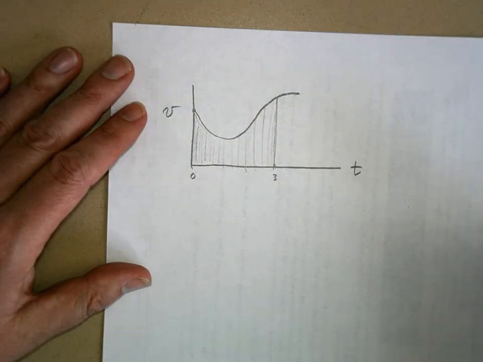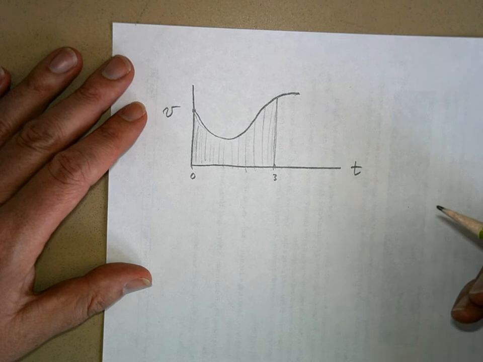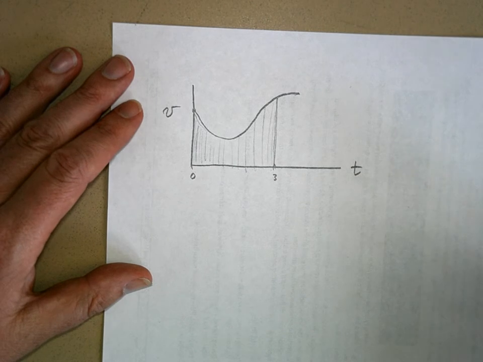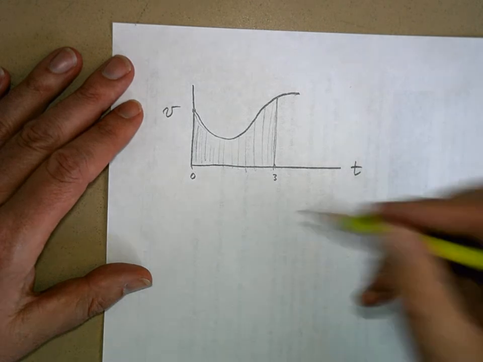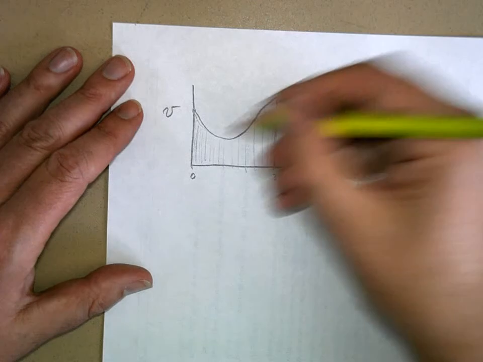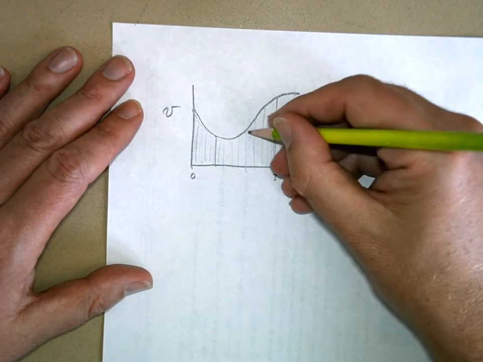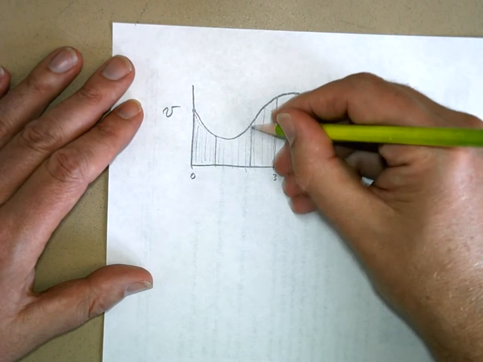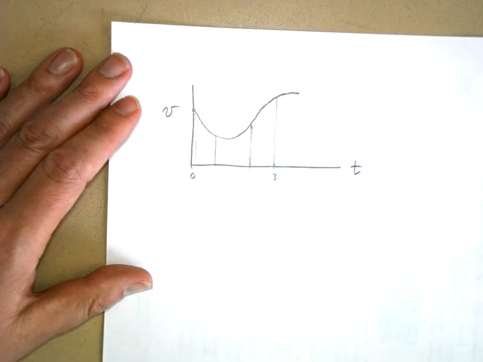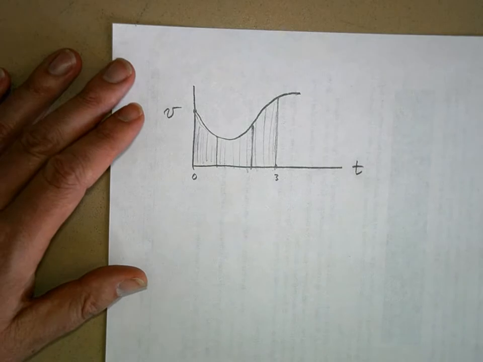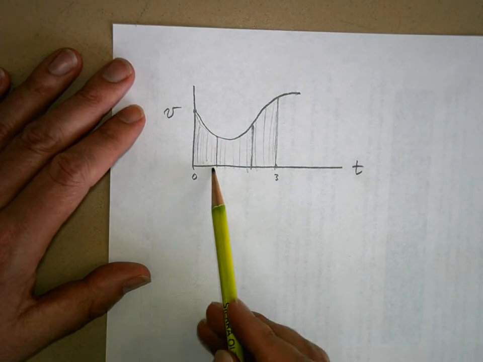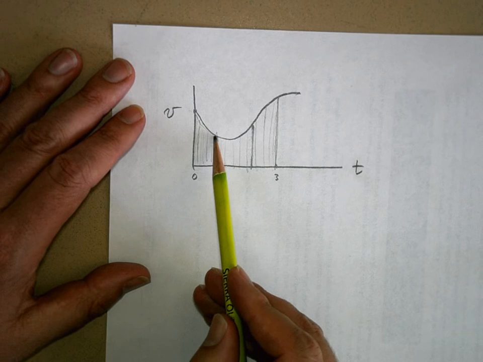So let's break it up into chunks. Now, there are various ways to do it. Let's just go maybe every second. 1, 2, and you go, oh geez, all right. Well, how do I figure out this area? It's kind of like a trapezoid, so maybe I can figure that out.